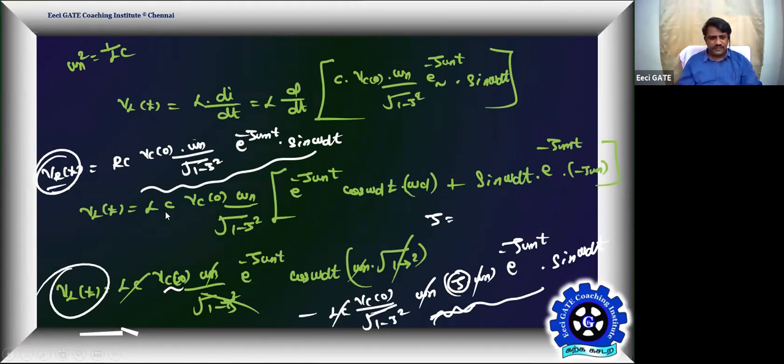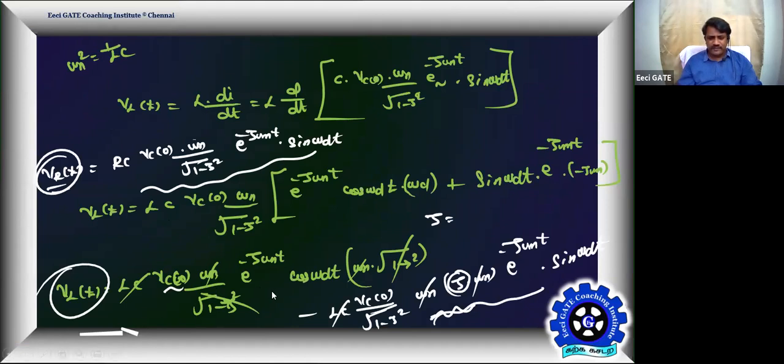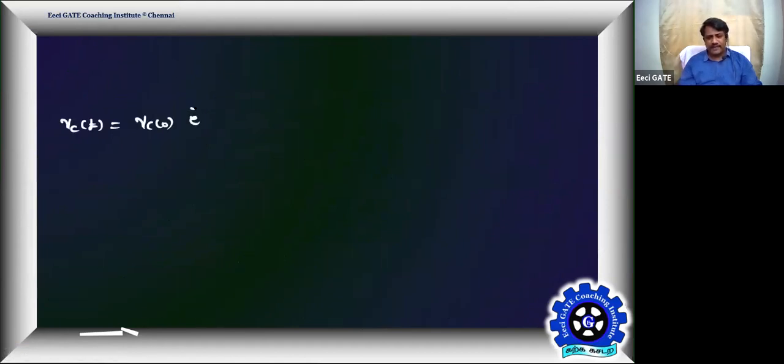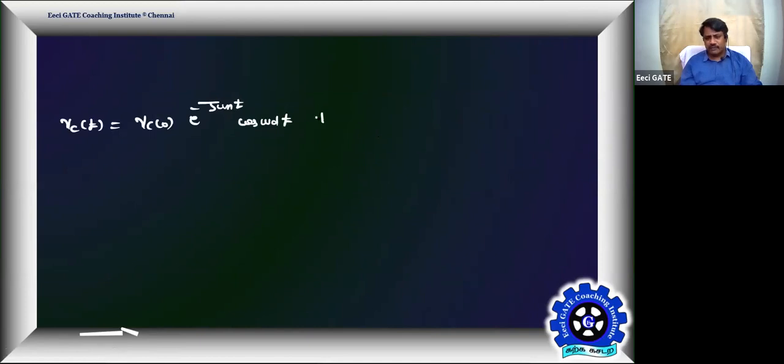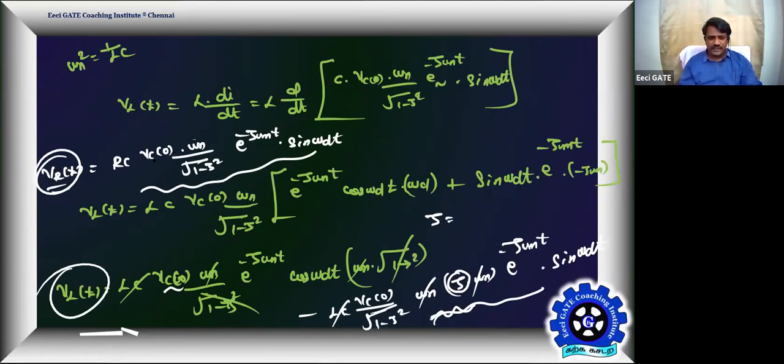Try that also later. So VC of t will be VC of 0 into this component. First I will take this component, VC of 0 into e power minus zeta omega nt into cos omega dt. Then any other component, no other component, that's all, one component, plus, let me take common terms. What is common? E power minus zeta omega nt into sine omega dt is common in this VR and VL. I'm adding VR and VL now, so take the common terms.